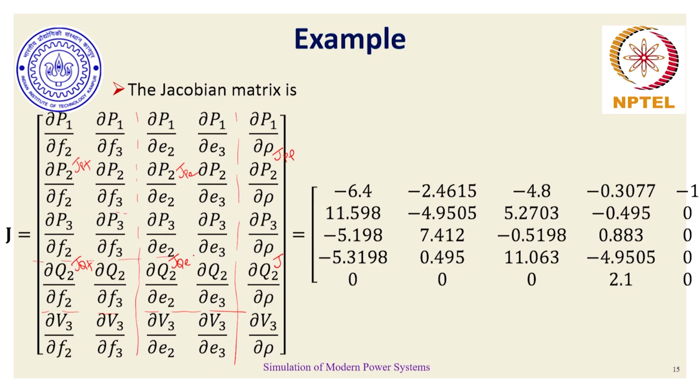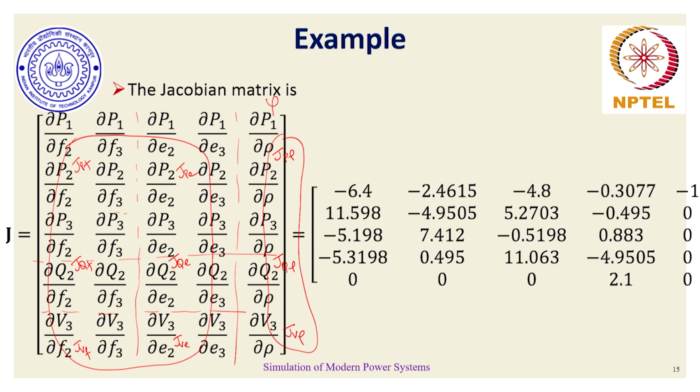This is the line. Then I have JQ rho, and I also have JVF, JVE, and JV rho. The 6 submatrices, they are the same as in rectangular version Newton-Raphson coordinate. The last 3 submatrices are coming in because of the additional rho variable coming in.